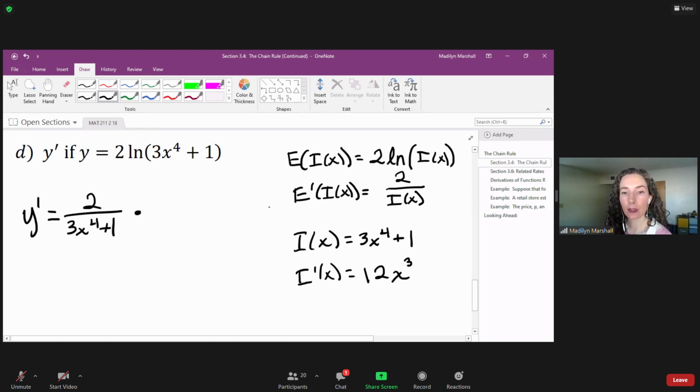Minus, or excuse me, times I prime, which is 12x cubed. And so for the last little bit, we'll just take that 12x cubed and multiply it with the 2 on top.